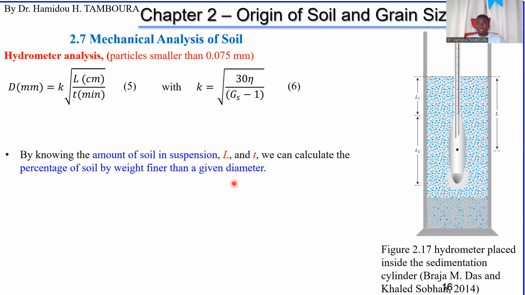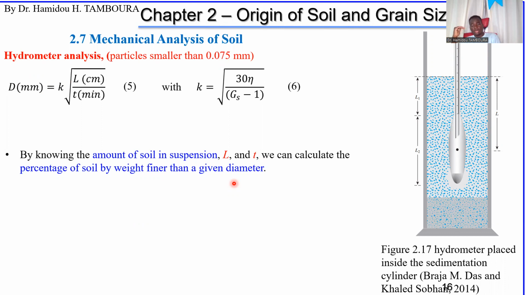If we convert it, like in the case of sieve analysis, we can say that this amount of soil is passing sieve number X, for example. Because we are searching for the percentage of soil smaller than a certain level, a certain range.